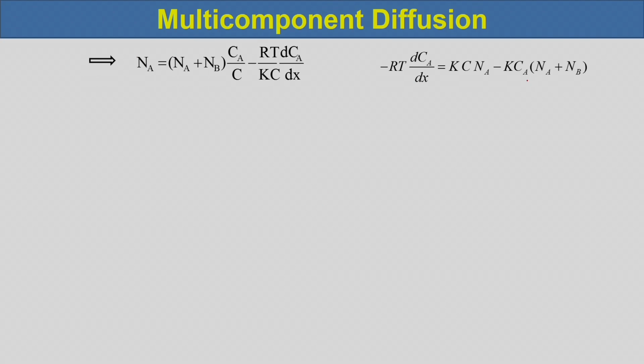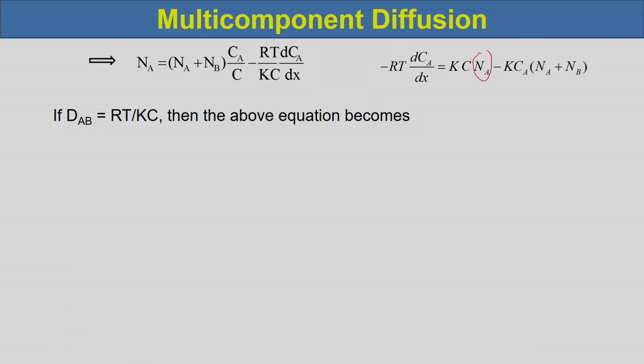So, from this, if we rearrange, we can write flux Na would be equal to Na plus Nb into Ca by C minus RT by kC into dCa/dx. Now, if we consider DAB would be equal to RT by kC, then we can write this part as DAB.